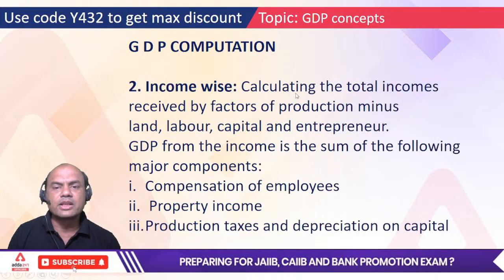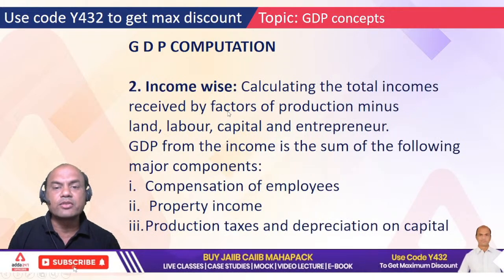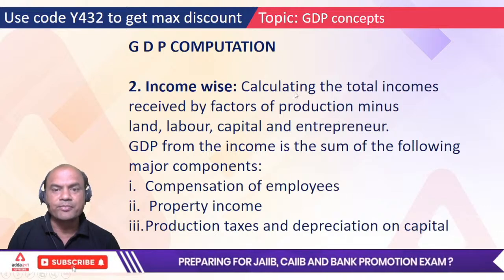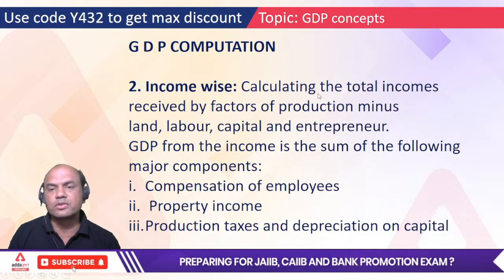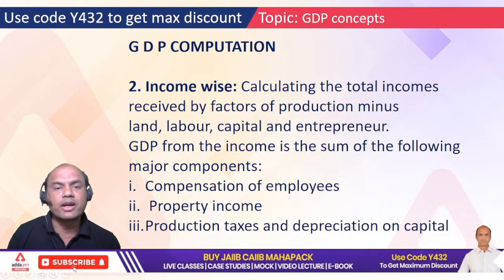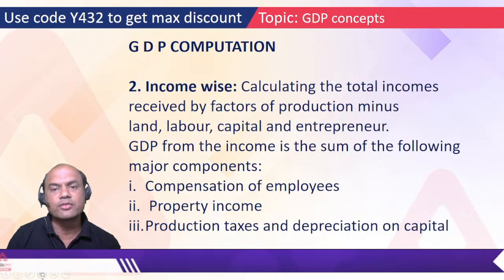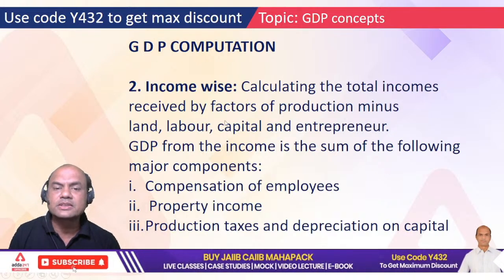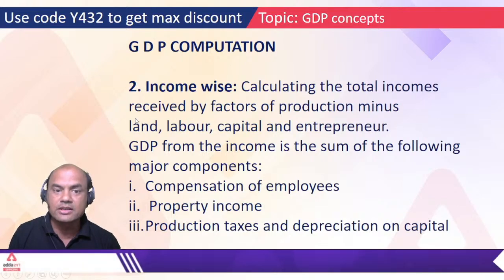Income wise, we calculate the total incomes received by the factors of production: land, labor, capital and entrepreneur. Understand this concept. Factors of production means whatever is required in production, like raw material. Land, labor, capital and entrepreneur are one-time investments generally.